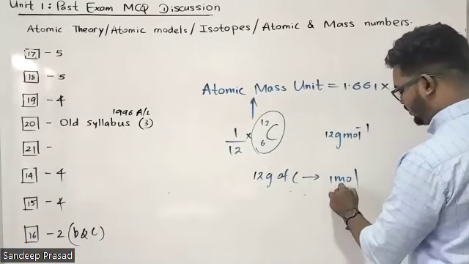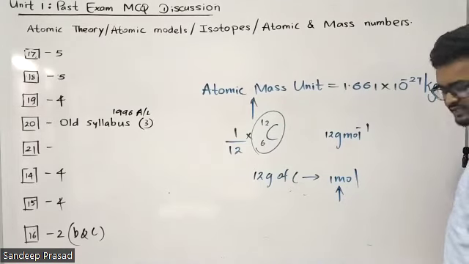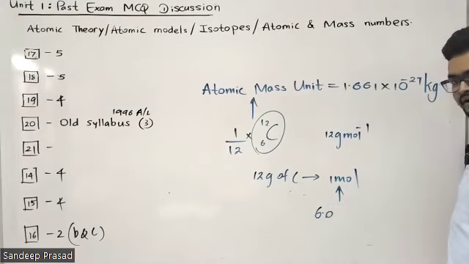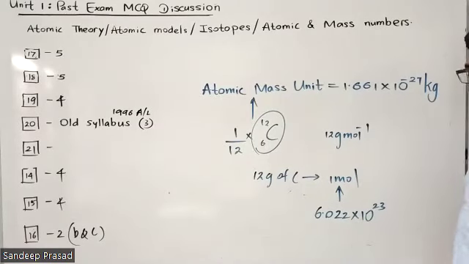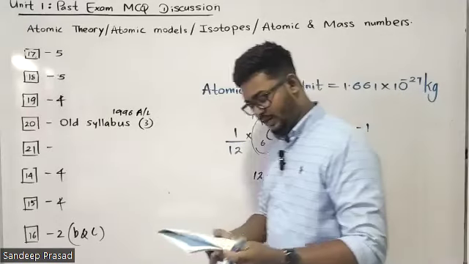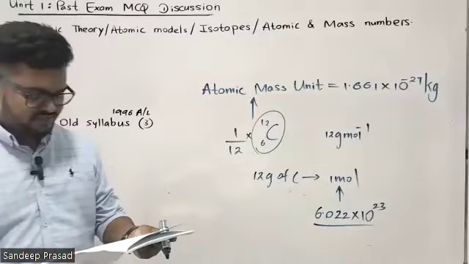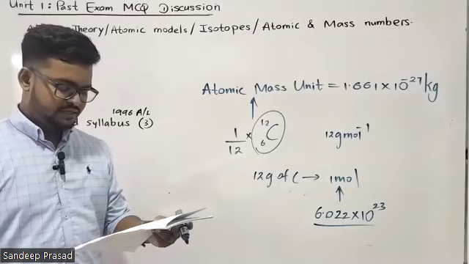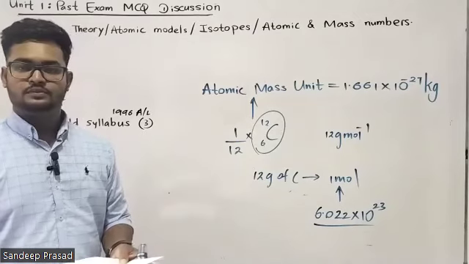So in 1 mole, how many carbon atoms are there? Avogadro number of particles, 6.022 × 10^23, are there in 1 mole. So this is known as the Avogadro number.